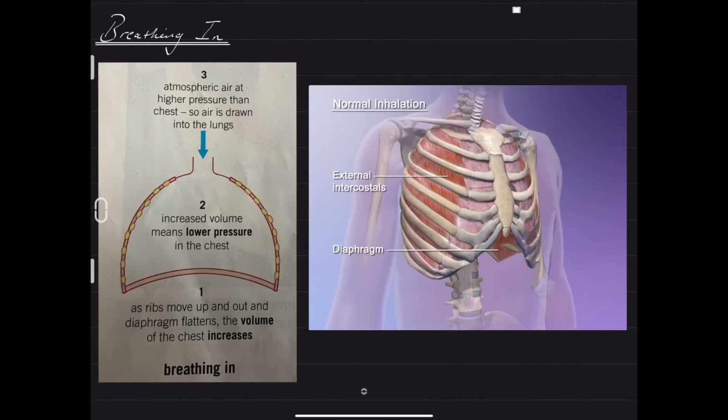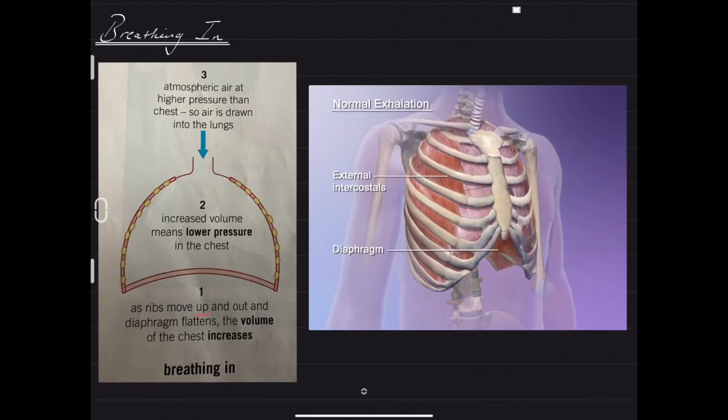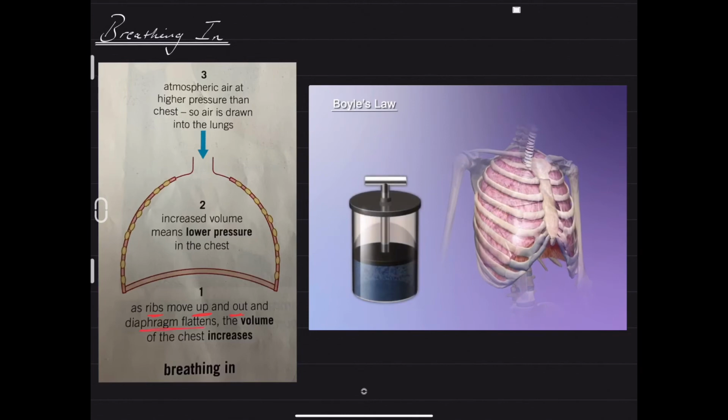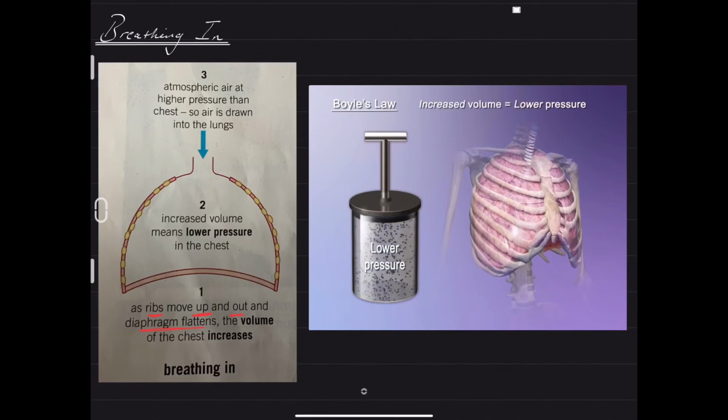So the first one is, the ribs will move up and out. So this is when we're breathing in, and the diaphragm will flatten. This causes the volume of the chest to increase.